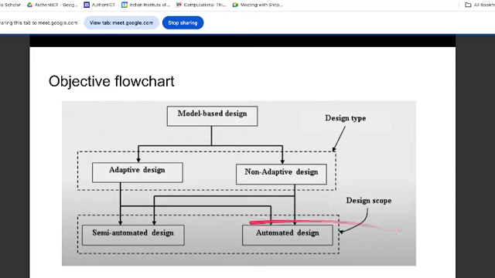Design scope is whether the design takes care of making the decision, or whether the designer needs to be there to make the specific decision about the choice of model. So that is the types based on design scope, what all the designer can do. Okay, so you can have adaptive design models in semi-automated as well as automated design. Similarly, you can have non-adaptive design models which use automated as well as semi-automated design.